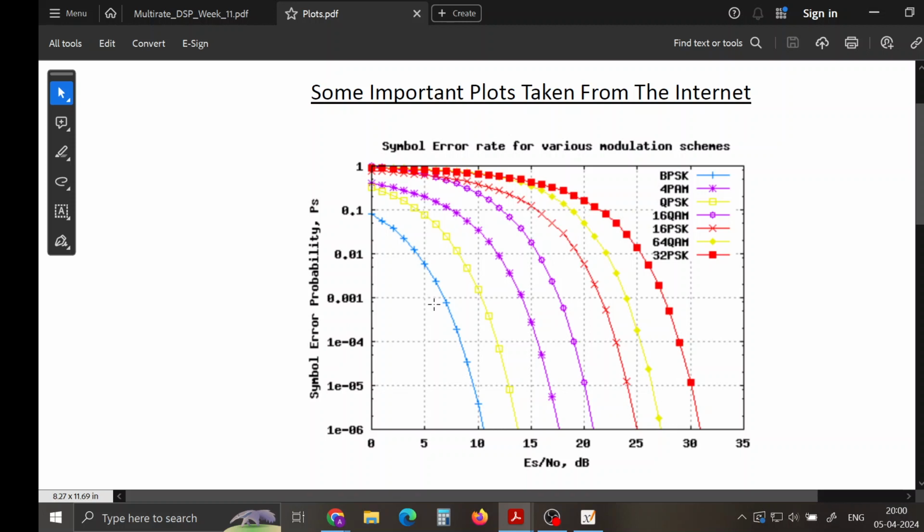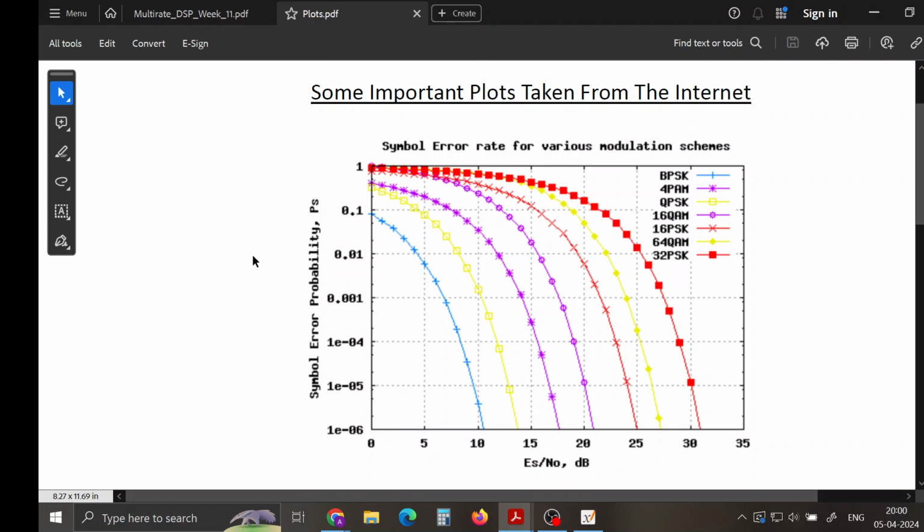And the reason, I have already mentioned why it is so. Mathematically, you can also calculate it in terms of the error function. You have the Q function and all. The symbol error probability can be expressed in the form of a Q function.